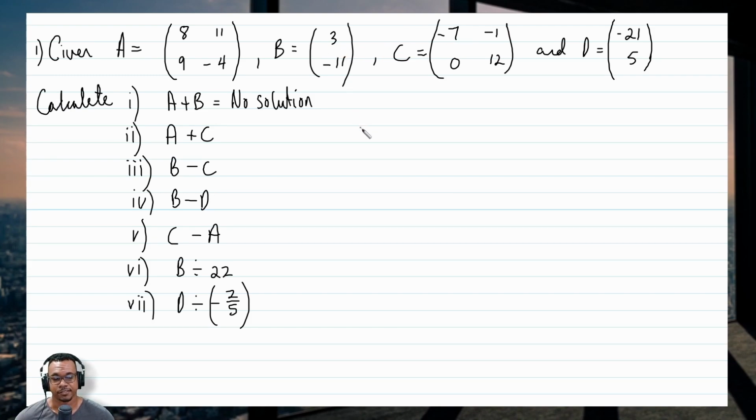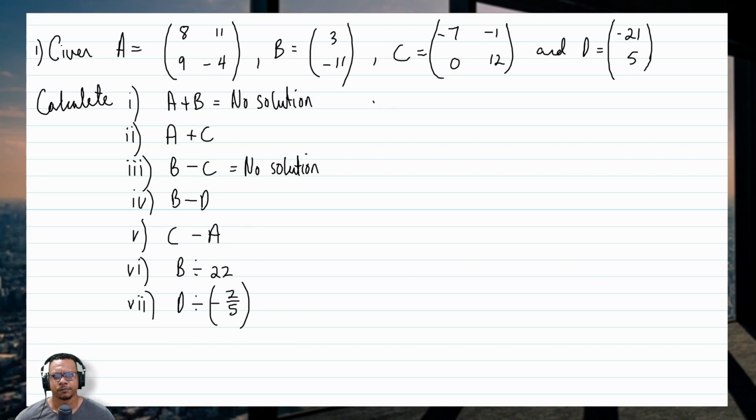So orders are different, therefore you can't subtract them. So B take away C is no solution as well. You can only add and subtract matrices with the same order. Any more? B and D, that could work. A plus C, that could work. C take away A, that could work. And the division, well, yeah.